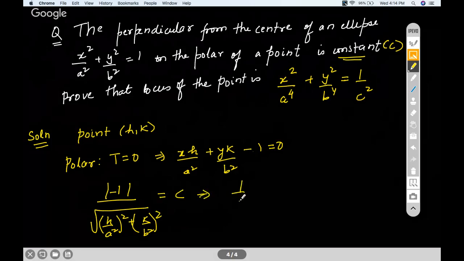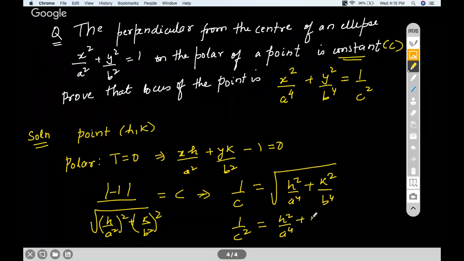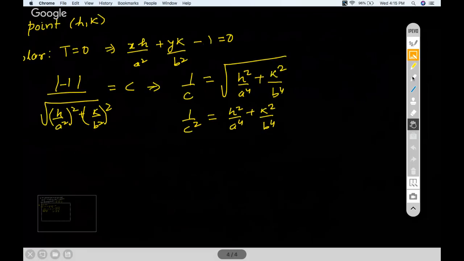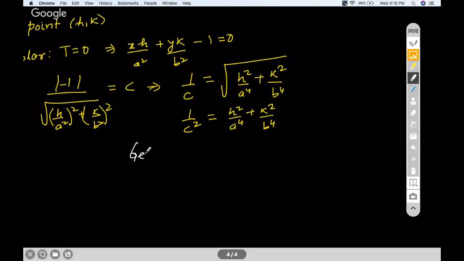That means 1/c is under root of h²/a⁴ + k²/b⁴, which becomes 1/c² = h²/a⁴ + k²/b⁴. And you can always generalize this as x²/a⁴ + y²/b⁴ = 1/c², and hence proved.